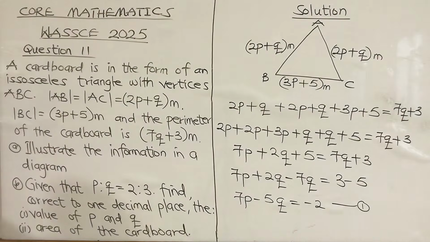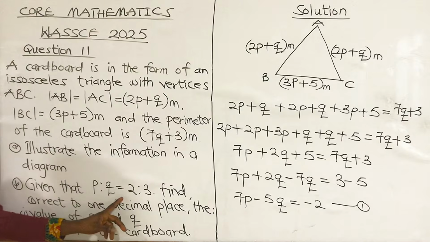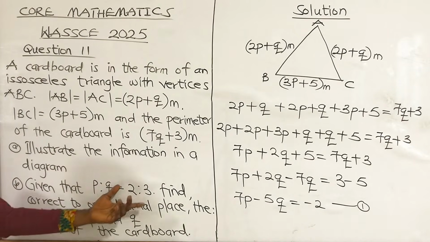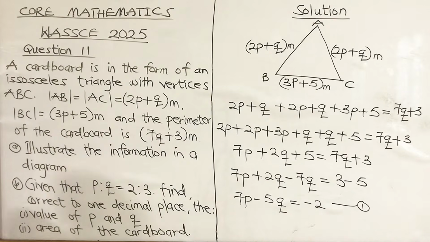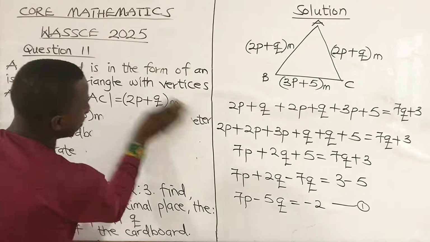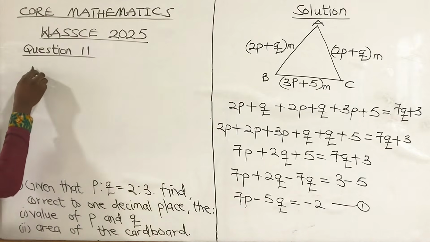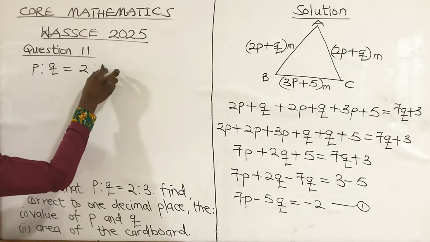The question continued by saying that p is to q is equal to 2 is to 3. So we are going to look at how we can deal with the ratio and then get the values of p and q. We have p is to q equal to 2 is to 3.